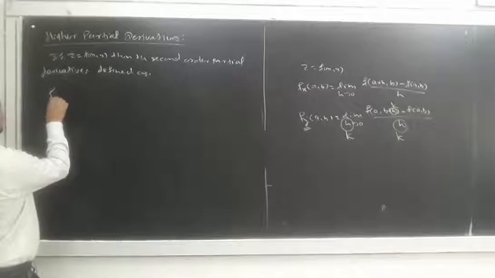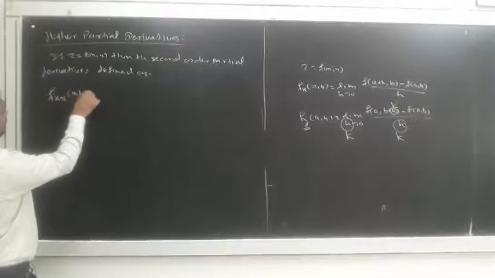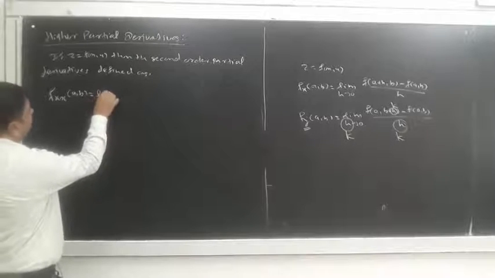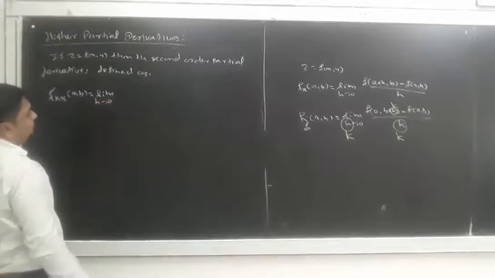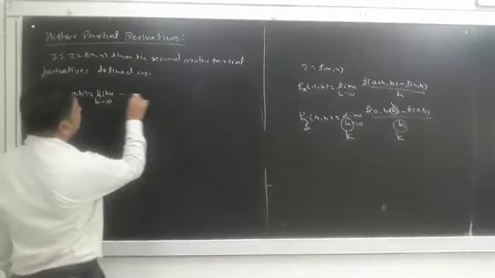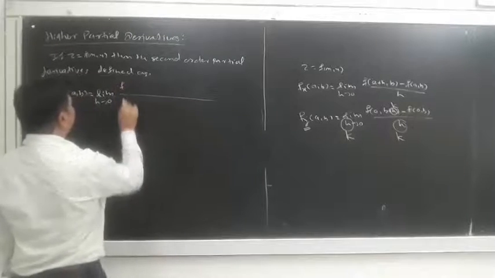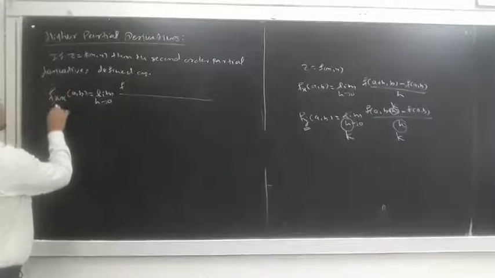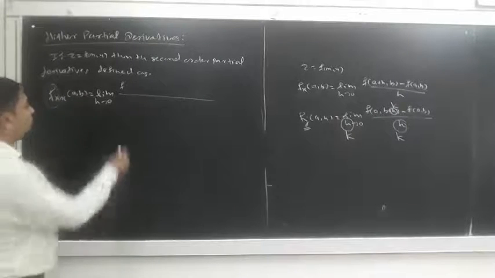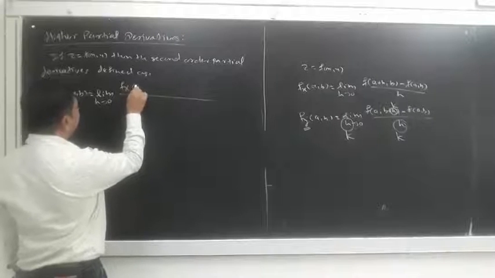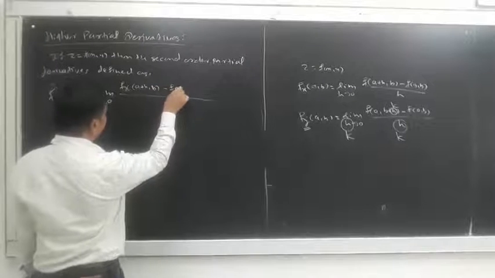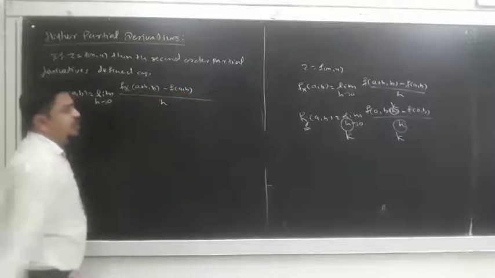Suppose we have to define fxx at (a, b). We write the limit as h tends to 0. What do we have to differentiate? We have to differentiate fx with respect to x. So you write fx at a plus h, b minus fx at (a, b), upon h.